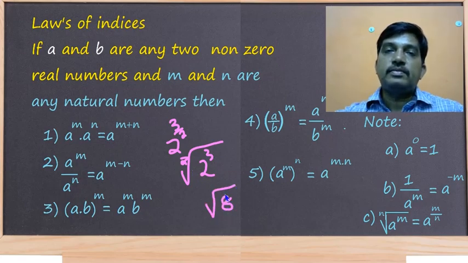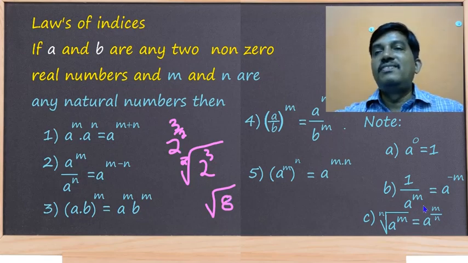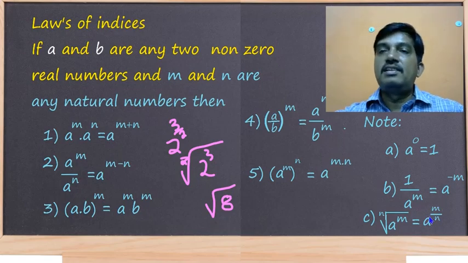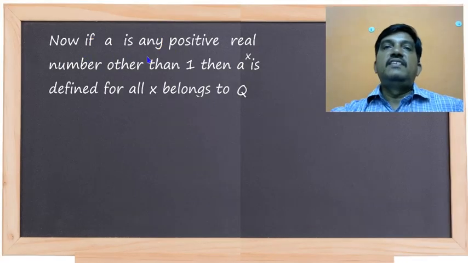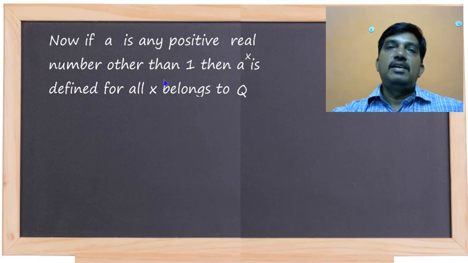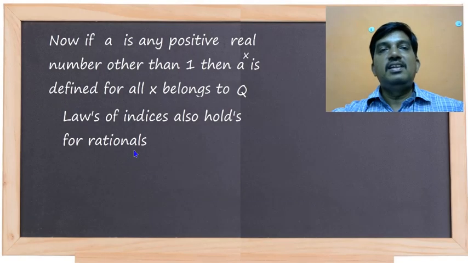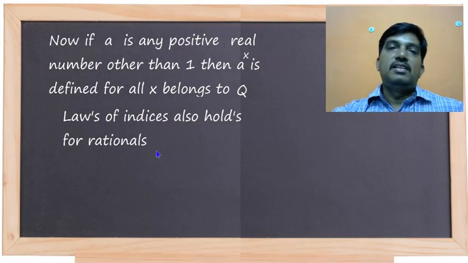Thus, a power m by n is defined when m by n is a rational number. That is, if a is any positive real number other than 1, a power x is defined for all x belonging to Q. Now, the laws of indices also hold for the rational numbers. Whatever laws we have stated earlier, that also holds for the rational numbers.